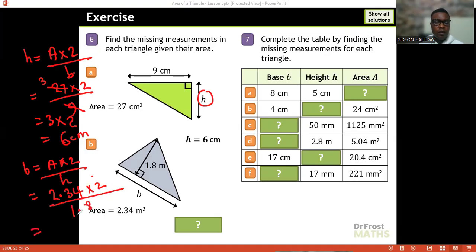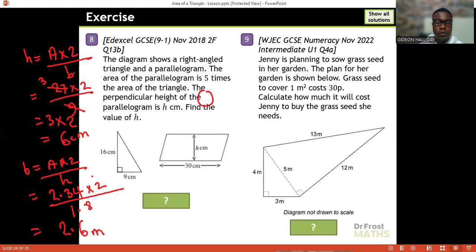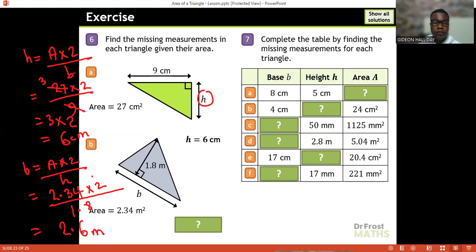So I'll just use my calculator. 2.34 times 2 divided by 1.8. So I got 2.6 meters. I hope that's what you get too. It's just flying to get to do this one.